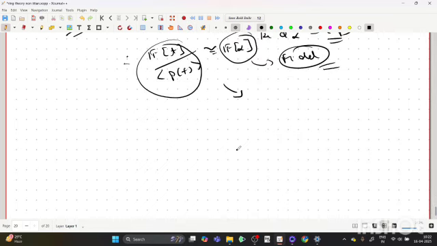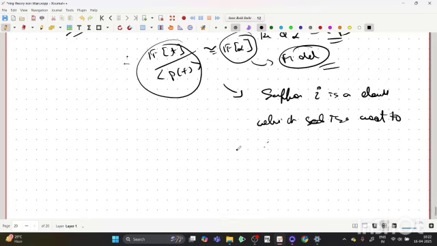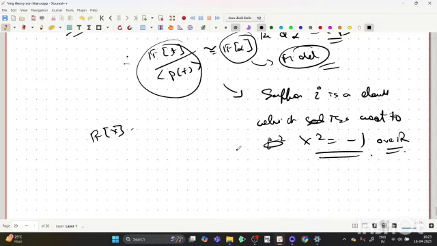Now, how does this relate to our example? Suppose i is an element which is a root of x^2 = -1 over R. Therefore I can talk about R[x] mod x^2 + 1.